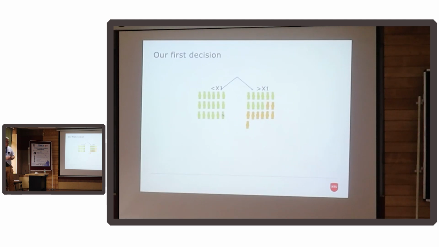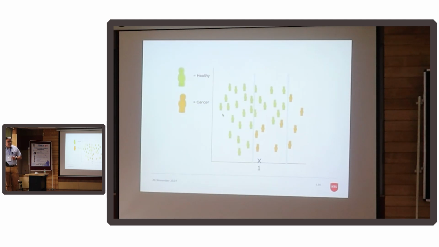What that might look like in our first branch of our decision tree is if less than x1, it's this group, and if it's greater than x1, it's that group. So we're starting to classify the population based on rules. What we do next is add a further rule. So we have our x2 rule here, and we can say now, if greater than x2, it's a pure cancer class.